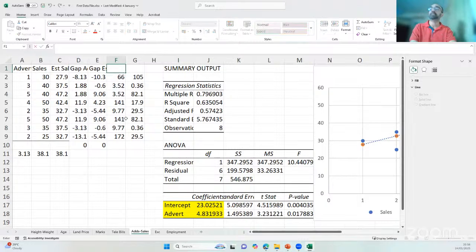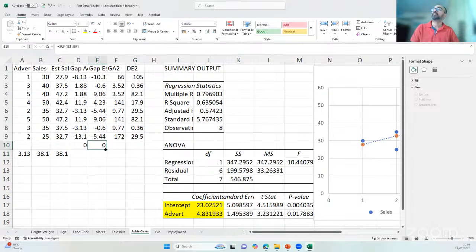Also, I will see EA power 2. Right. This is gap estimate to power 2. Okay. So if I take the summation here now, I have different values. So this is the summation of the actual values gap from the center.